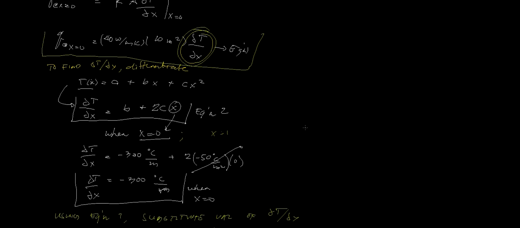So from here, when x is equal to 1 meter, then our dT over dx is equal to negative 300 C per meter plus 2 times our c, which is negative 50 C per square meter, multiplied by, instead of 0, we will use 1 now.